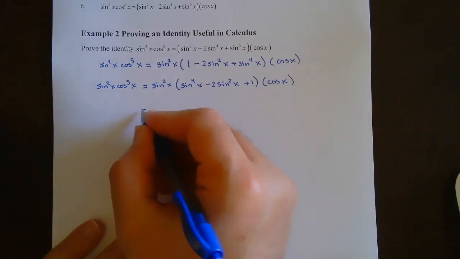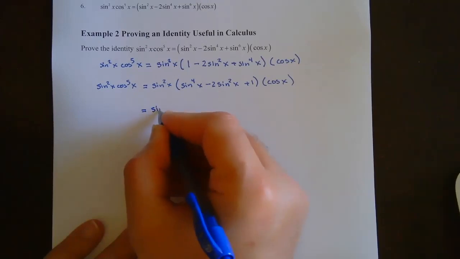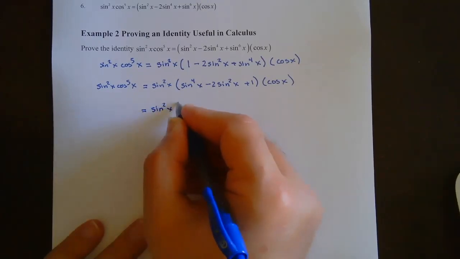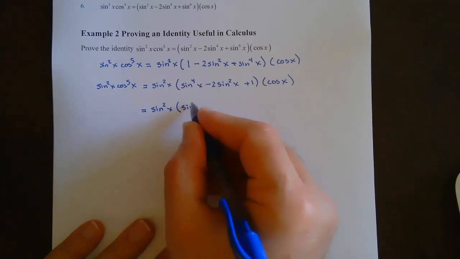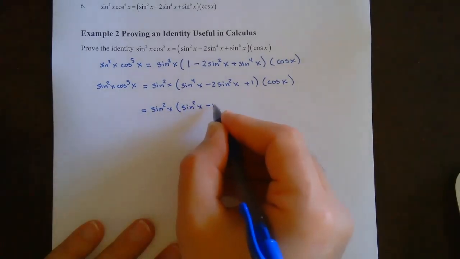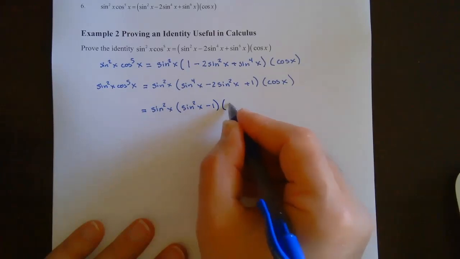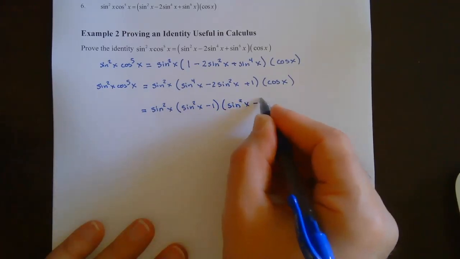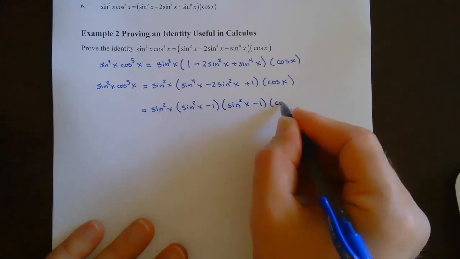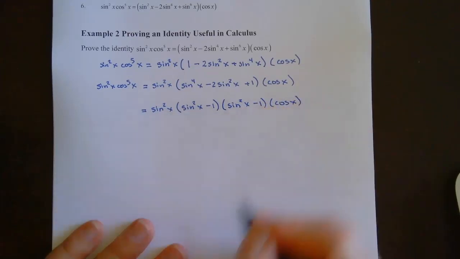So this is equal to sine squared x, and this factors into sine squared x minus 1, times sine squared x minus 1, times cosine of x.